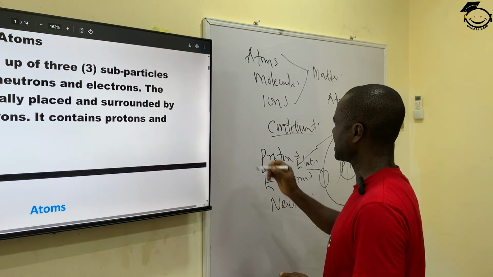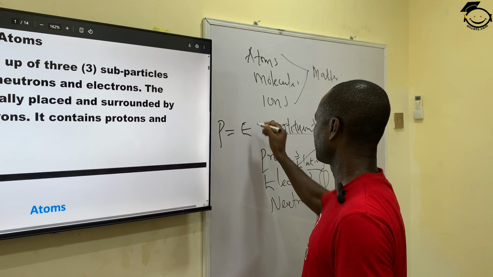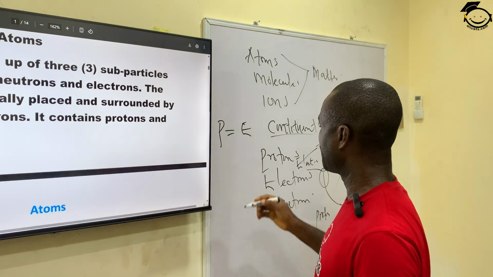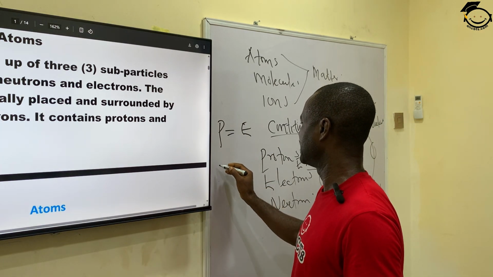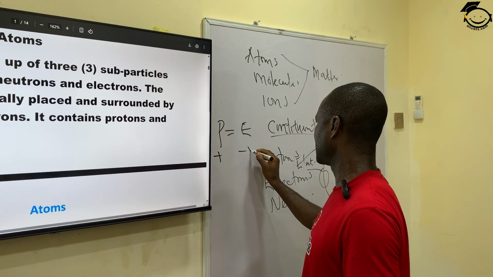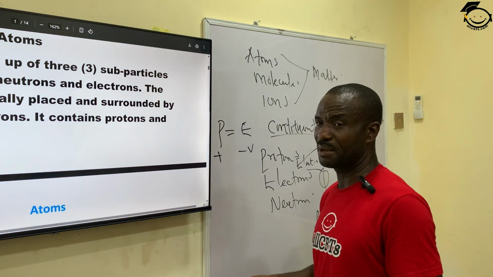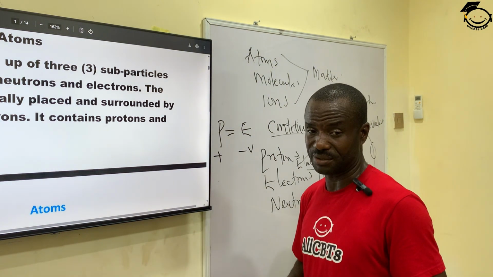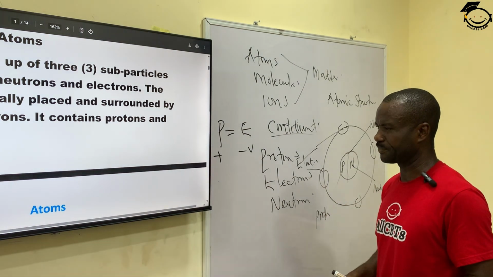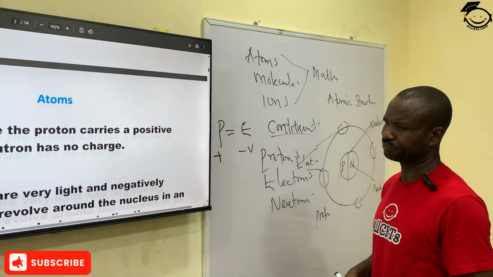The number of protons is usually equal to the number of electrons, but the charges are reversed. While the proton is positively charged, the electron is negatively charged. So if we have 6 protons in an element, automatically we have 6 electrons in that element. On the other hand, the neutron has no charge and is centrally located in the nucleus.